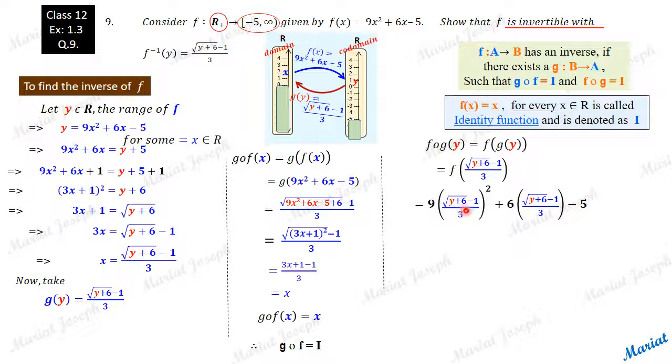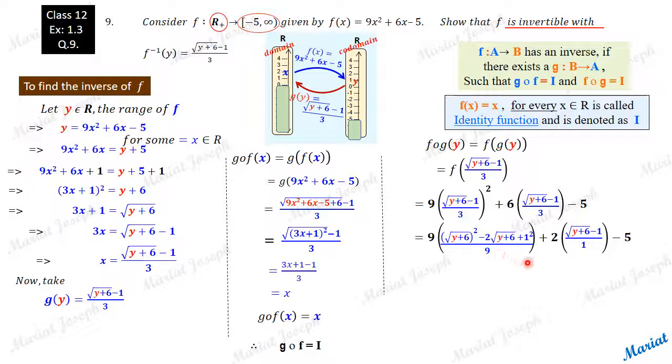Root of y plus 6 minus 1 whole square. Plus 6 into this, 6 and 3 cancelling. You have a 2 here. Inside it is a square minus 2ab plus b square upon 9. 3 square is 9. And here 6 and 3 cancel. The coefficient is now 2.